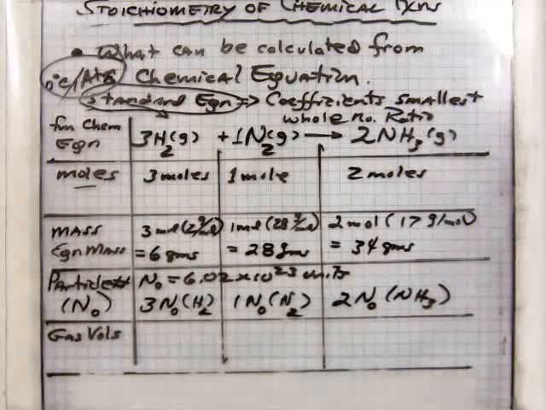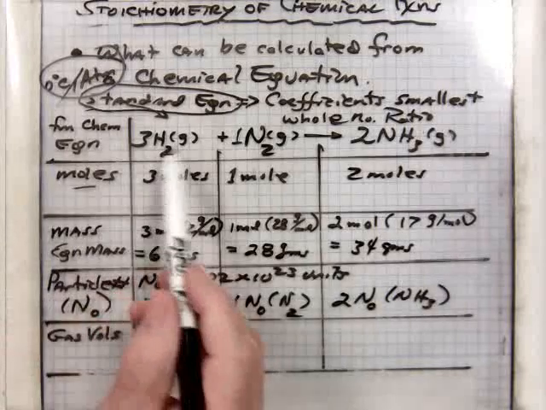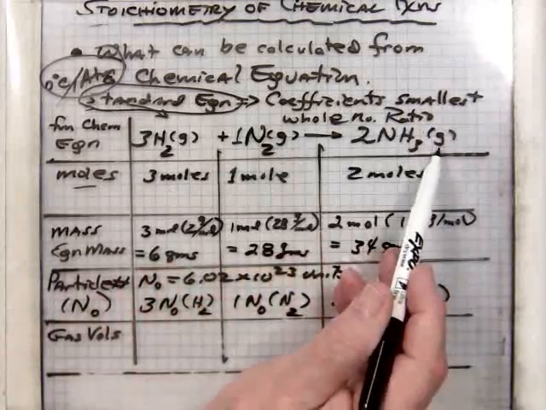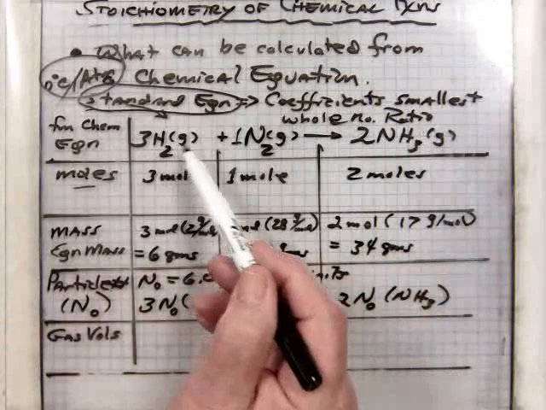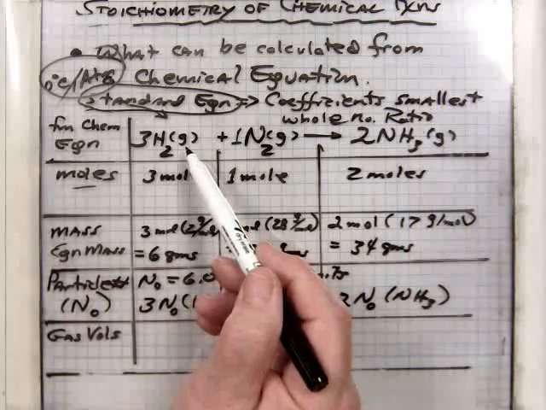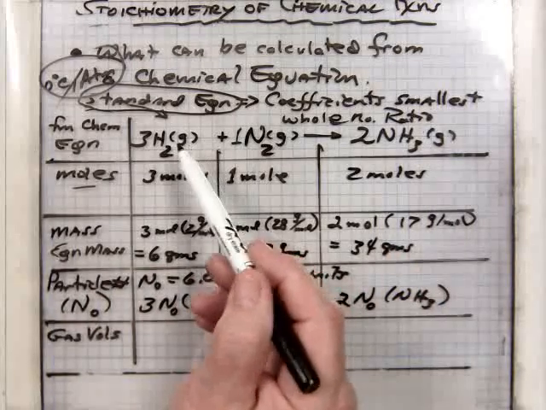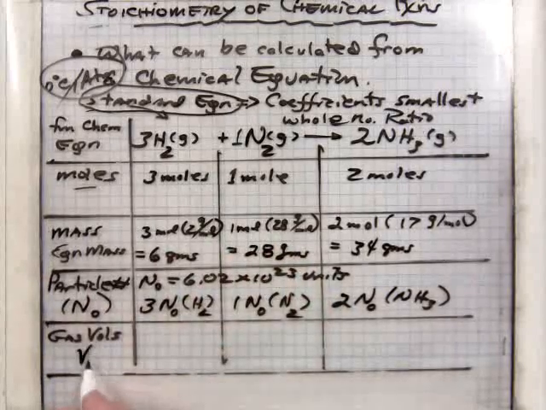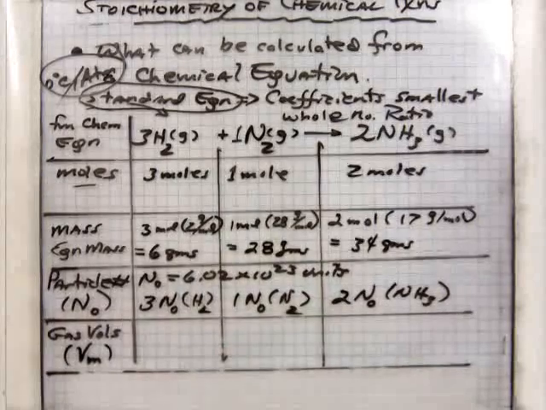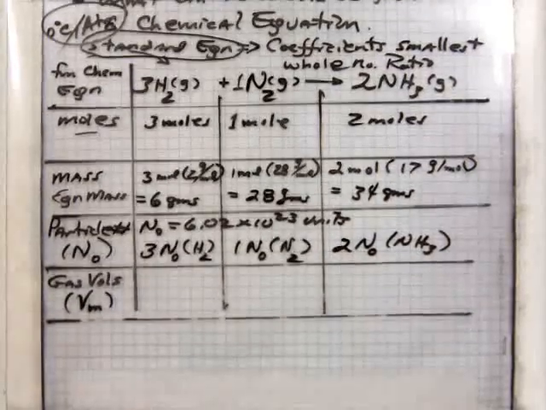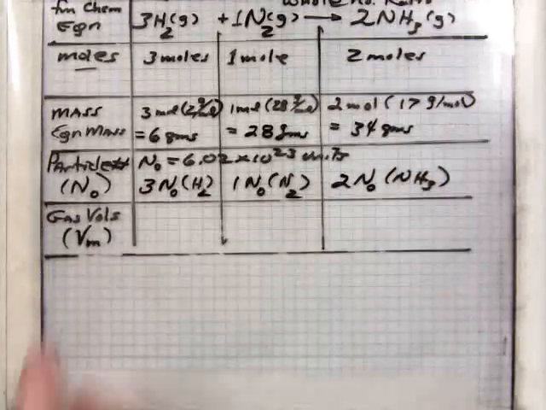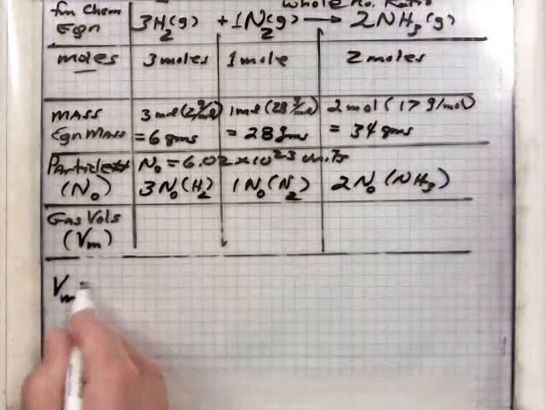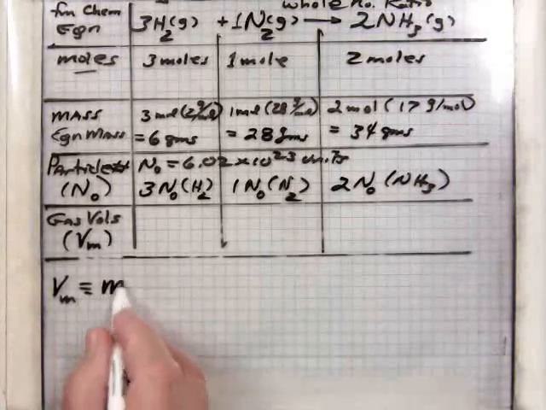So when we talk about an equation that contains gas phase components like 3 moles of molecular hydrogen in gas form, we call them molar volumes, VMs. And I'll move this up now to give us a little more room under here. A VM is, by definition, a molar volume.